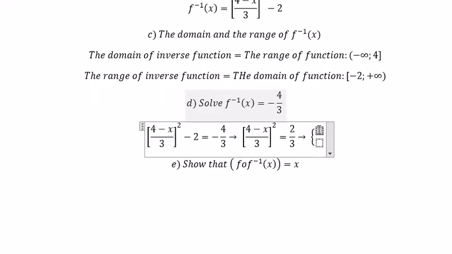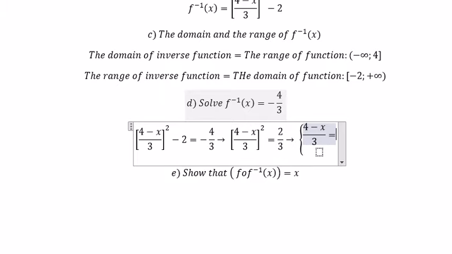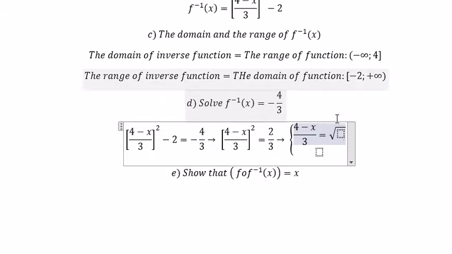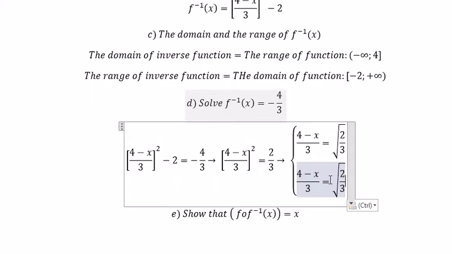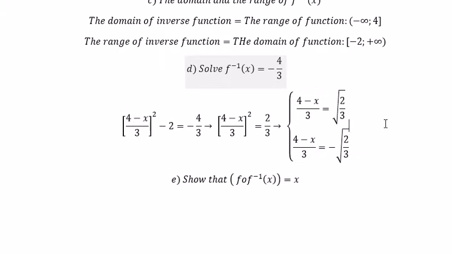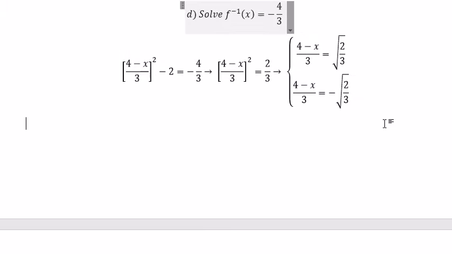That should be about 4 minus x over 3 equal to the square root of 2 over 3. And similar this one, but we just have about the negative. And now we put number 3 in here and number 3 in here.